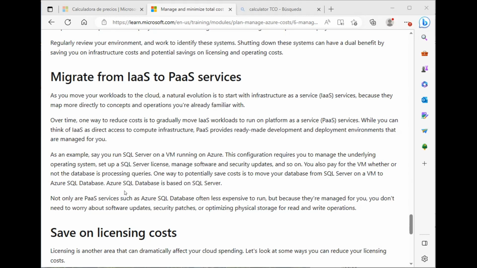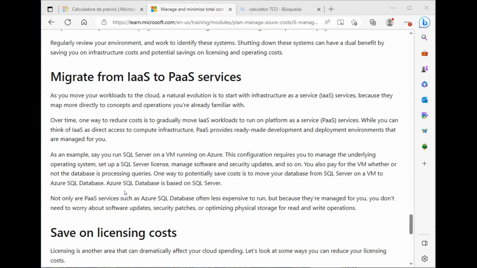This configuration requires you to manage the underlying operating system, set up a SQL Server license, manage software and security updates, and so on. You also pay for the virtual machine, whether or not the database is processing queries.